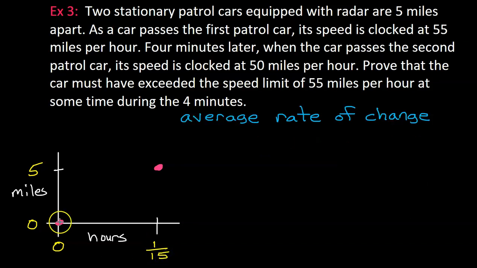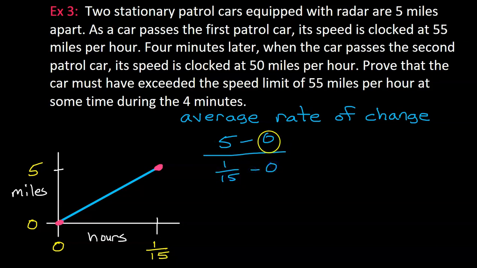Let's calculate the average rate of change over this interval. The average rate of change is simply the slope. So we're talking y minus y over x minus x. So that's going to be 5 minus 0 over 1/15 minus 0.